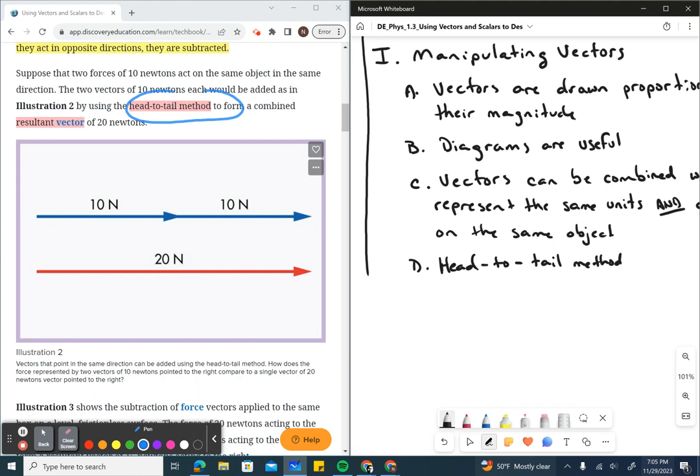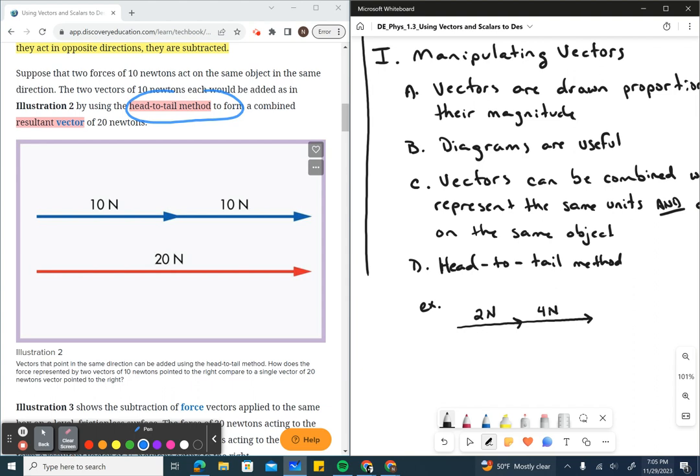In this example, you could take vector number 1, and maybe this is going to be 2 newtons, and you can add that to vector 2, which is 4 newtons.